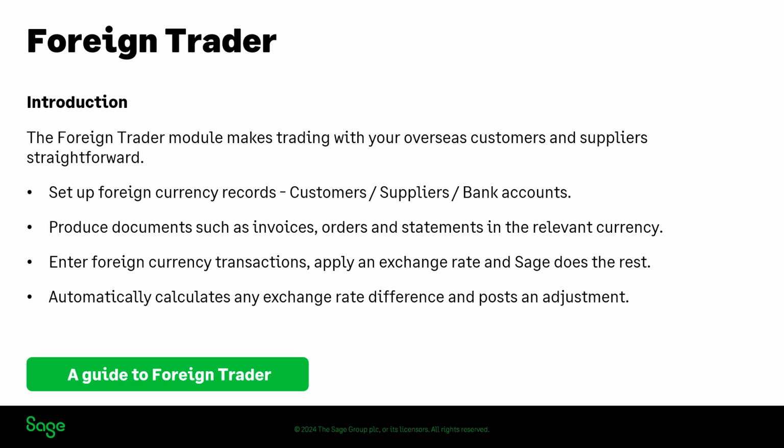And all you need to do when you do that, I alluded to this a little bit earlier, is enter your foreign currency transaction, apply an exchange rate, and Sage does the rest for you. It does all the mathematics behind the scenes, utilizing the exchange rate to work out what your base currency equivalent value is. And it will automatically calculate the exchange rate difference if there is one, and it will post the adjustment for you as well.